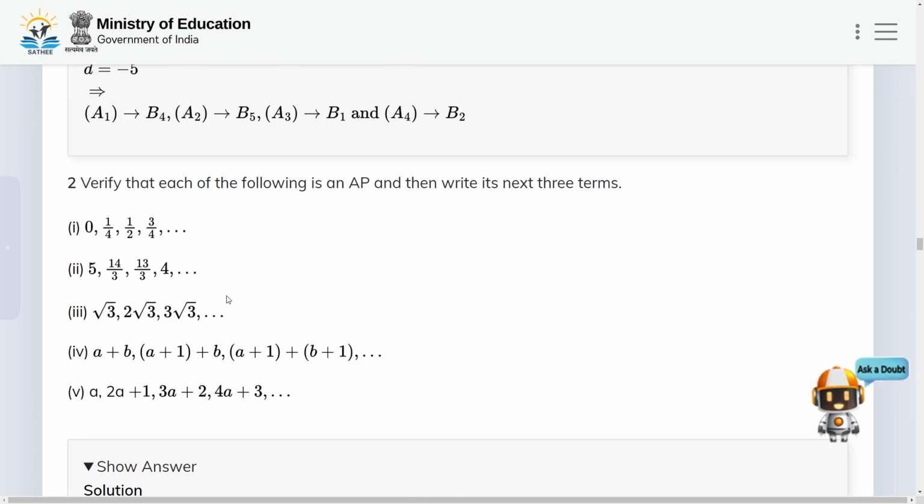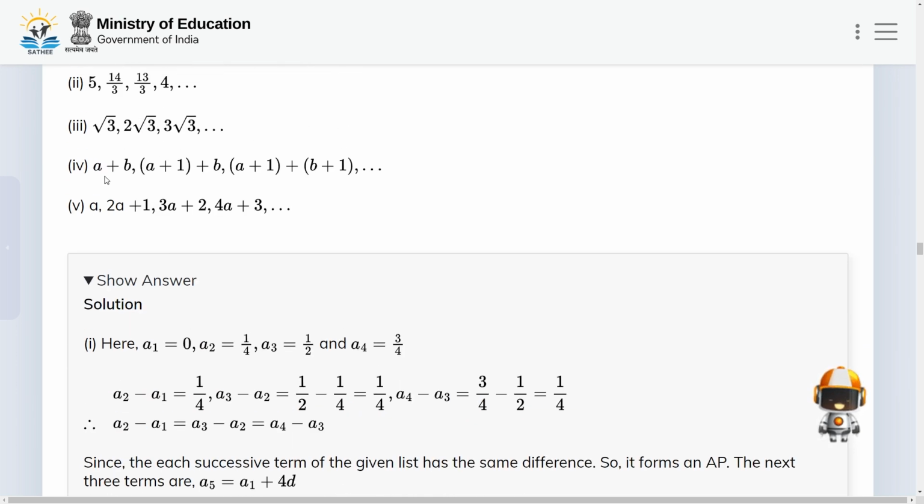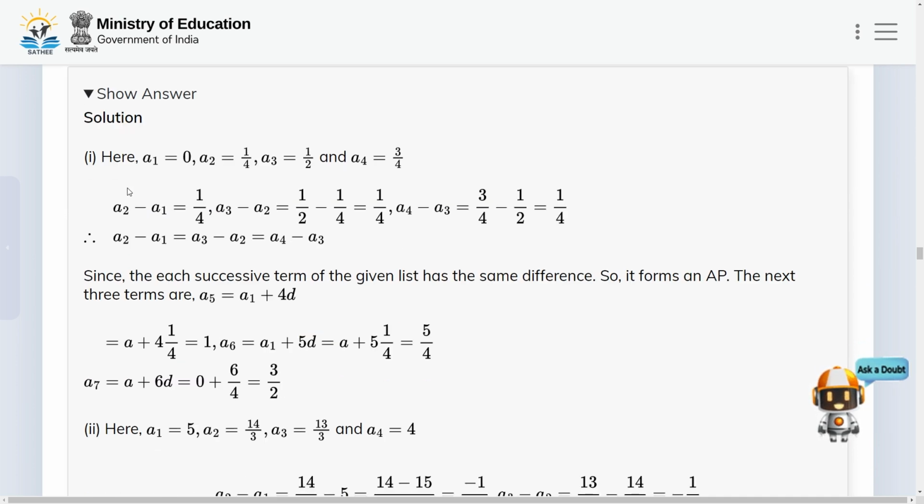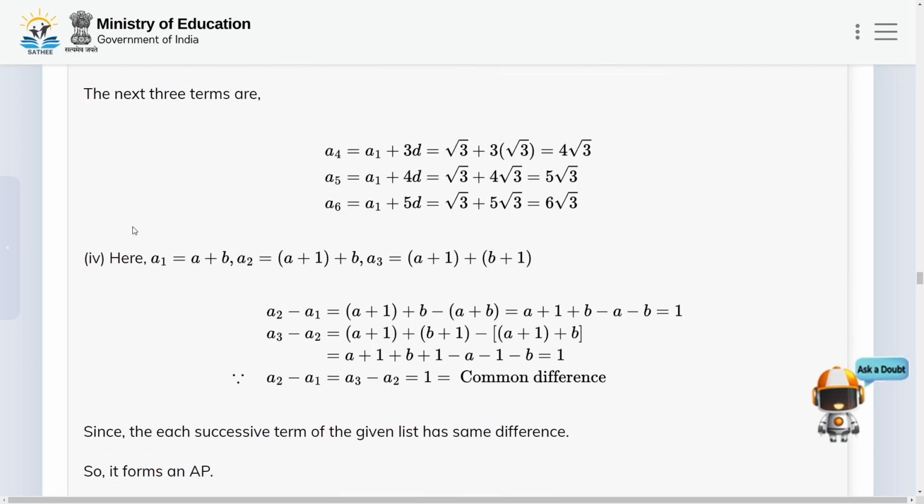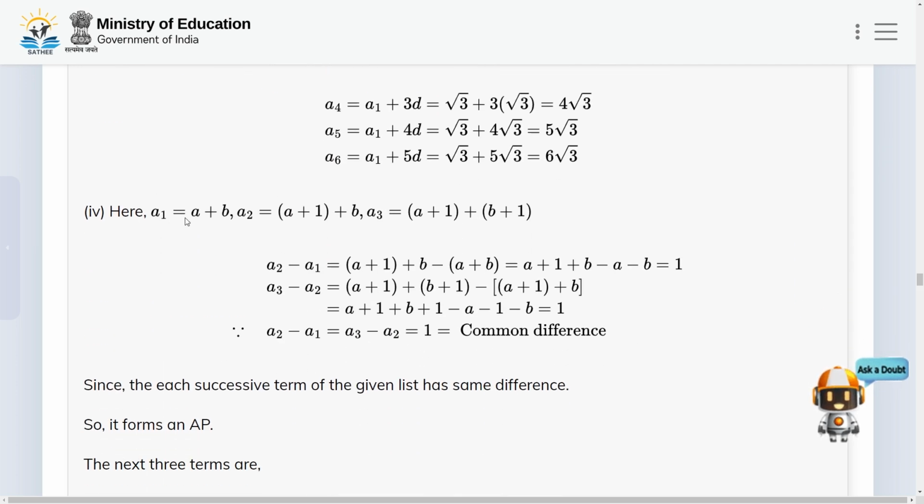In the fourth one, here we have a plus b, a plus 1 plus b, a plus 1 plus b plus 1, and so on. Let us check. Here the first term a1 is equal to a plus b, the second term a2 is equal to a plus 1 plus b, and a3 is equal to a plus 1 plus b plus 1.